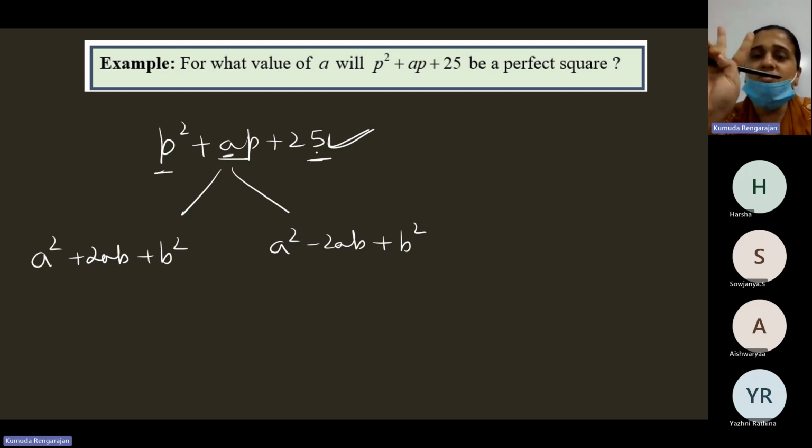In the case of a trinomial, there are 2 expressions we know which can be perfect squares, and they are a square plus 2ab plus b square and a square minus 2ab plus b square.